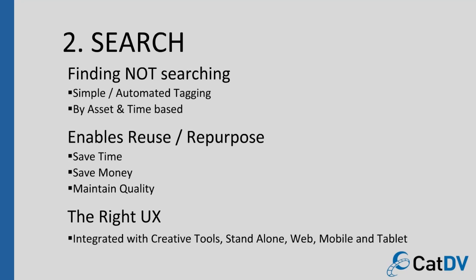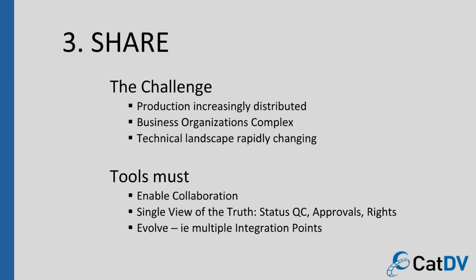Okay, our third ingredient, all about sharing. So it's all very well, you've got your content, it's all being neatly managed and organized so it can be found later, but we work in a complex business environment, and so we find that production teams are pretty often distributed. Certainly reviewers might well be in very different places than the folks that are creating content.